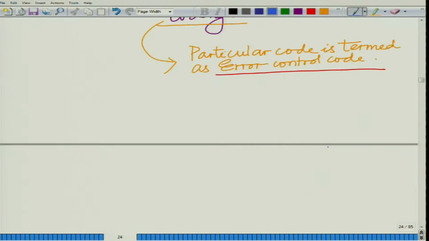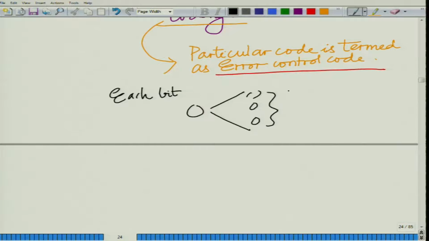Okay. Also observe that each bit, for example 0, is repeated 3 times.